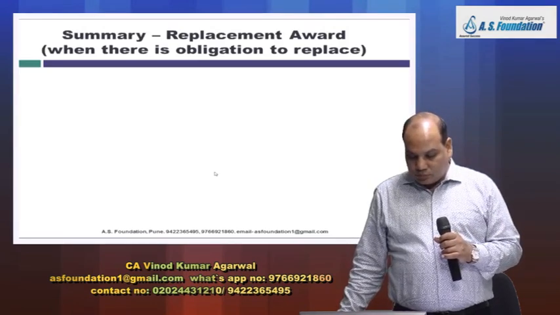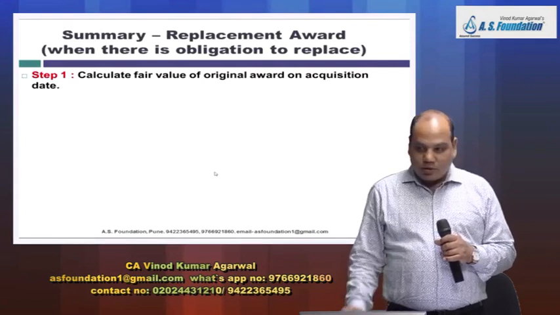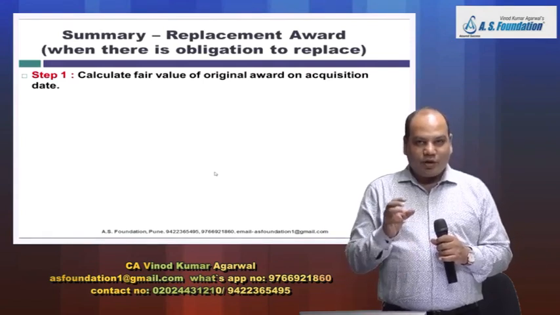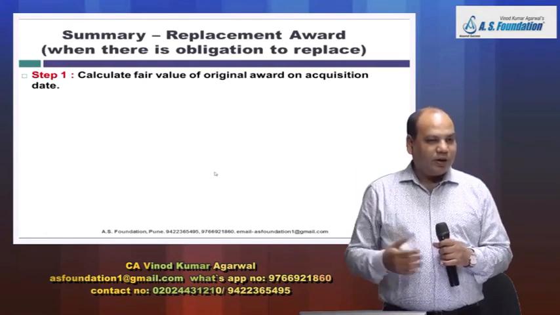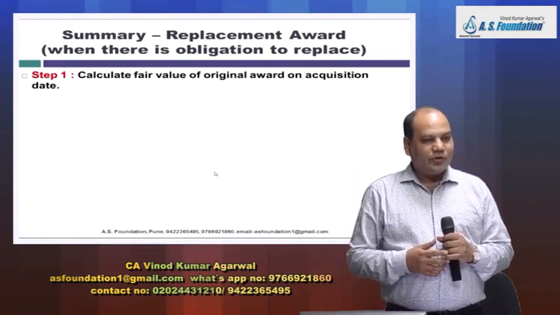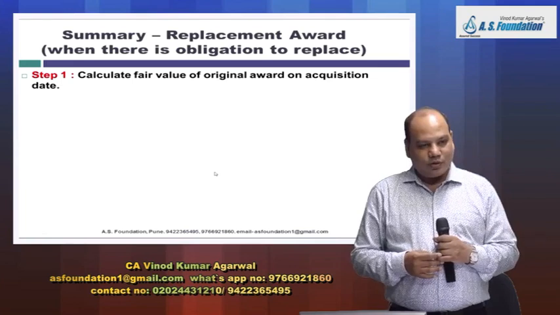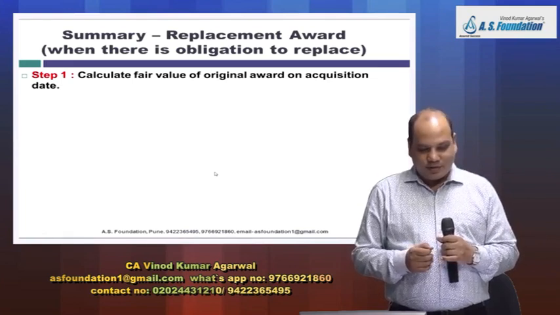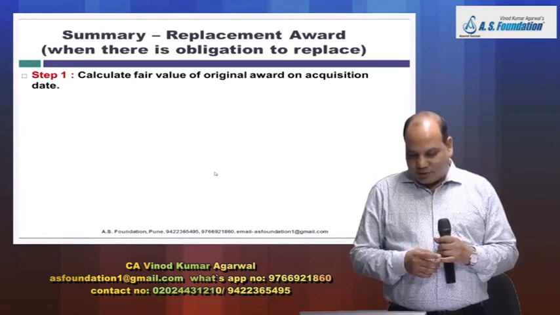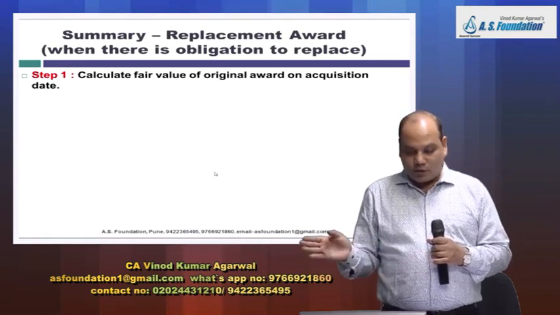So first what you do, write a small summary. And while discussing that long paragraph on the next page, this summary will continuously be useful to us. You have to write, summary of replacement award. Write down fast.